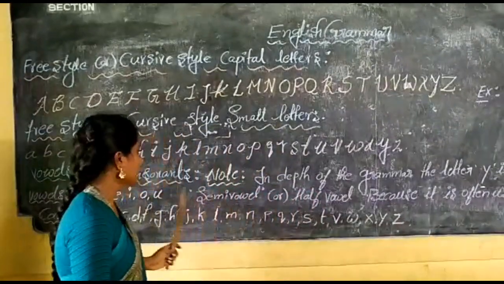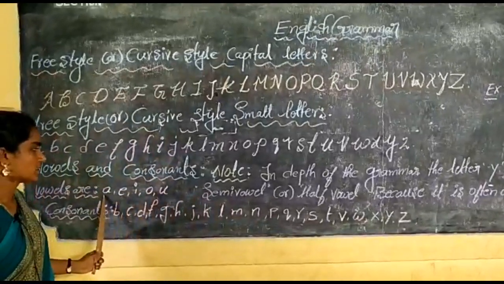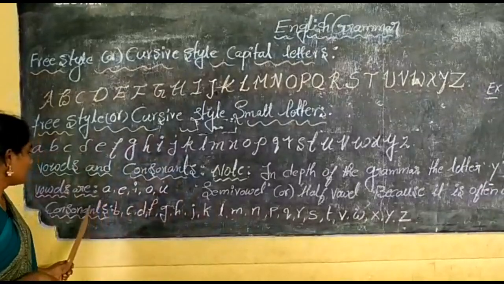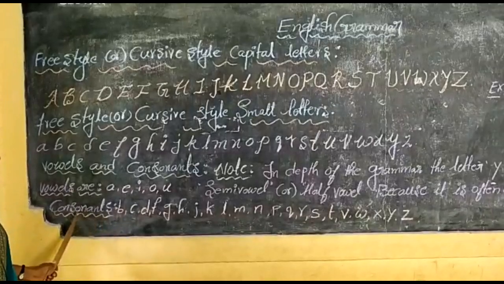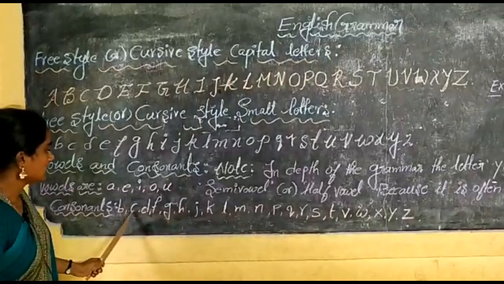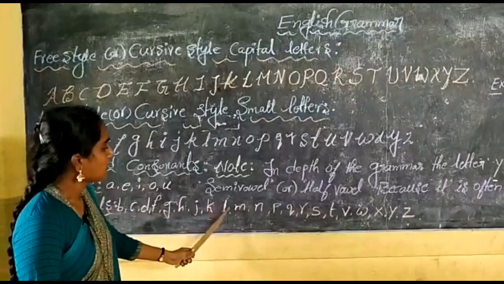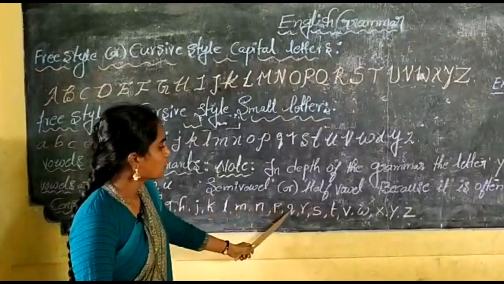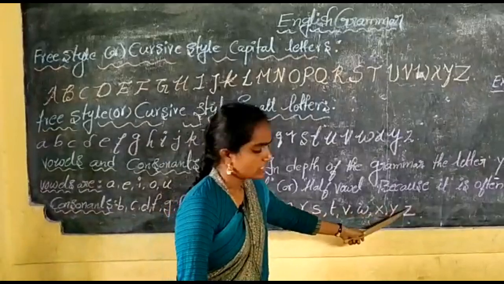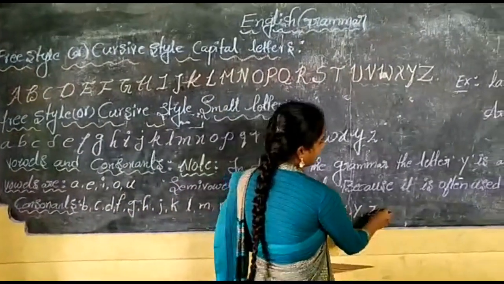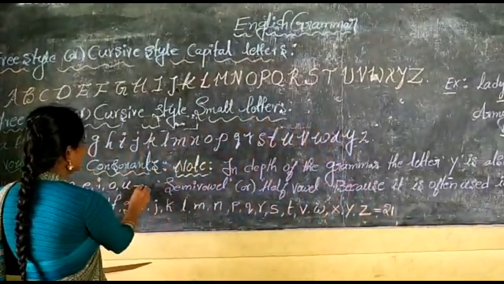The vowels are A, E, I, O, U. Consonants are 21 letters: B, C, D, F, G, H, J, K, L, M, N, P, Q, R, S, T, V, W, X, Y, Z. Consonants are 21 letters. Vowels are 5.